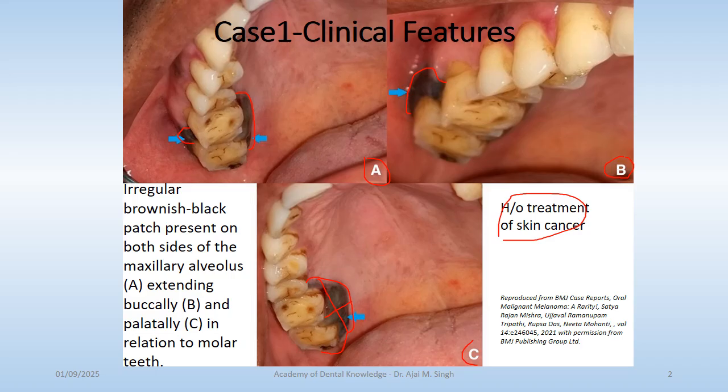So this whole area is patchy. It is associated with second premolar, first molar and second molar. Note down that the patient has a history of skin cancer treatment.